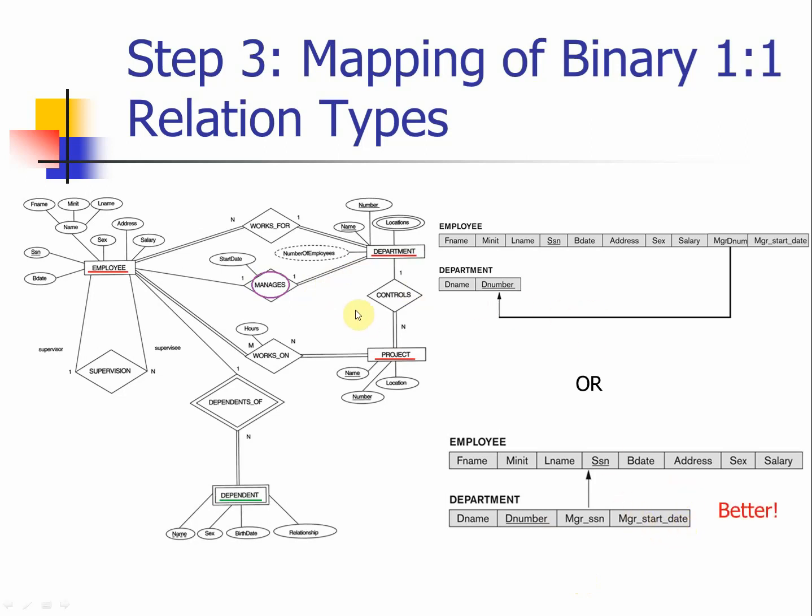That's what we are talking about: when we convert a one-to-one relationship into a foreign key, it ideally goes to the double-line side, which is the total participation side, and forms a foreign key that links to the other side. And therefore, this is our step number 3.